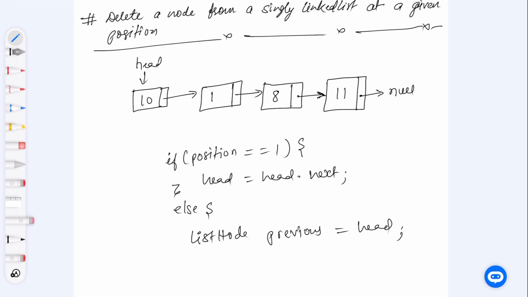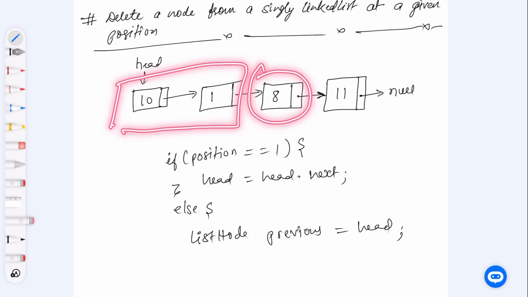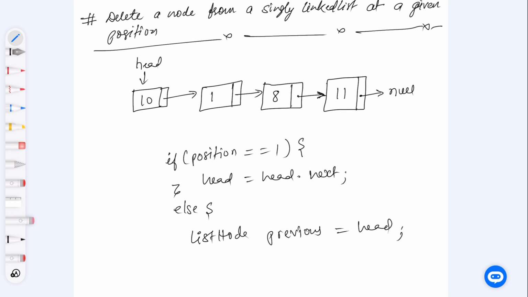Why? Because let's suppose we delete this node. This data should not be lost, because current and head will keep moving ahead. Head will point here, but current will keep moving. If current comes here and we want to delete this one, who will hold this data?